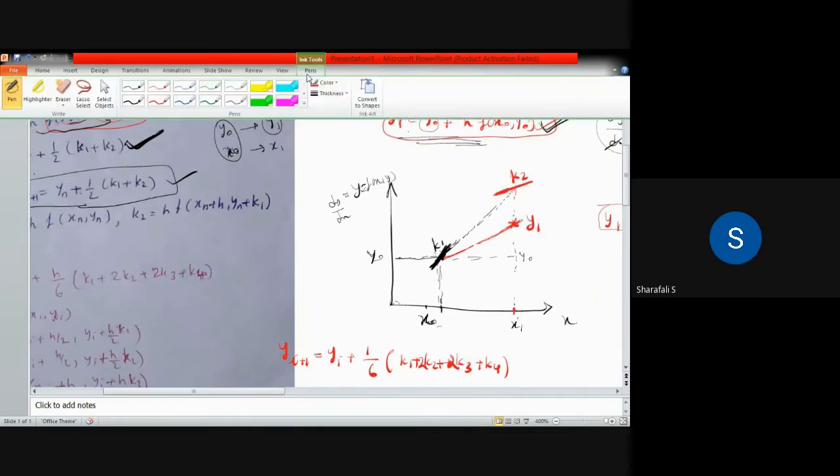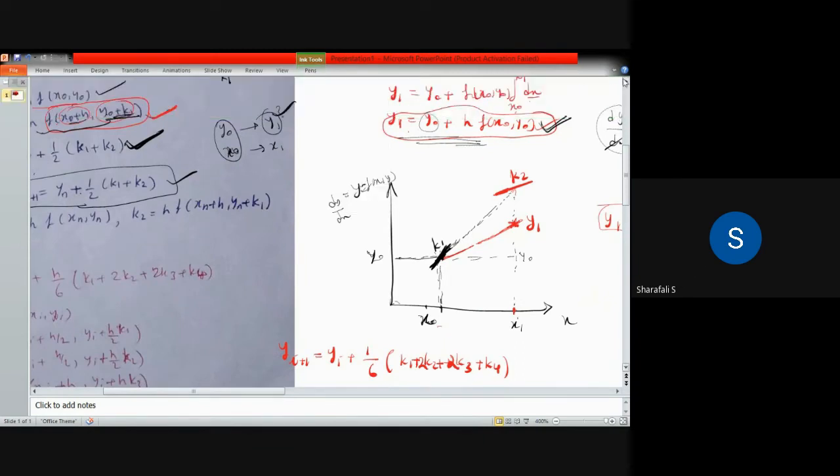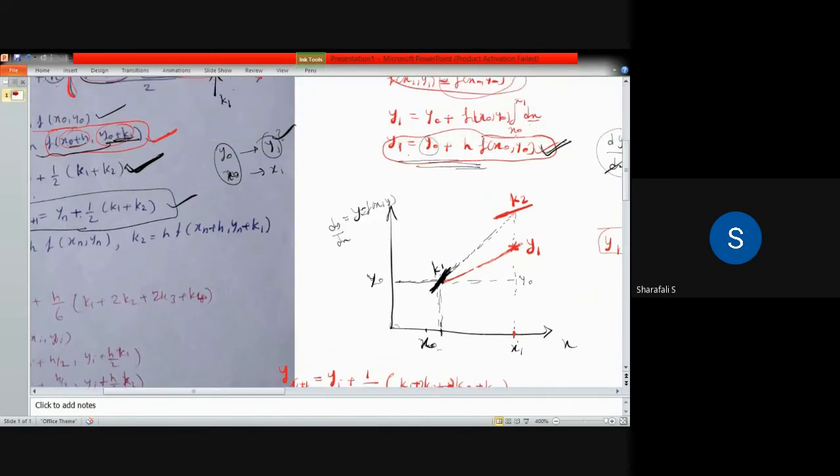So in the first case, for Euler's method, we are considering only one slope, f of x0 comma y0. Multiply that with h and add that term to y0, you will get the next y value. But in the second order Runge-Kutta method, we are considering two slopes, k1 and k2, and we are evaluating the value of y1 as an average of k1 and k2.